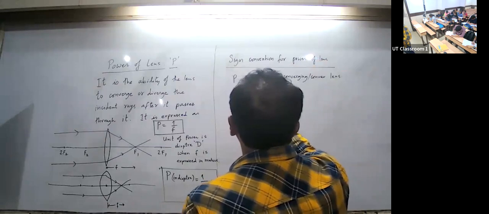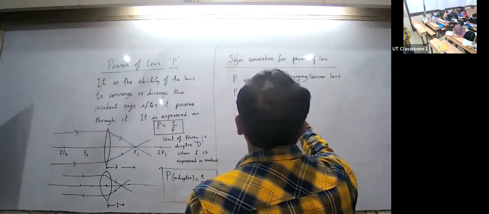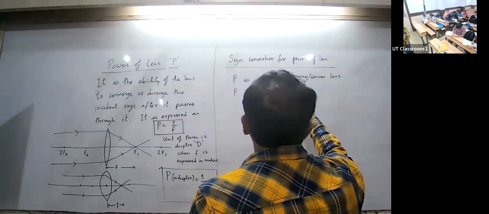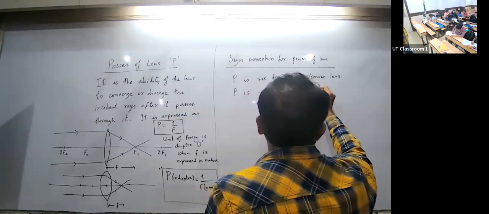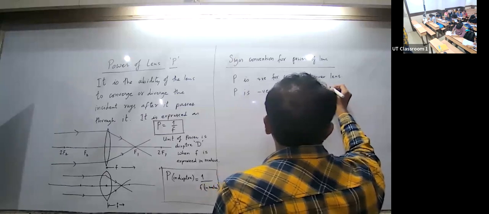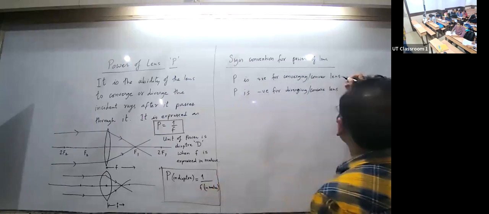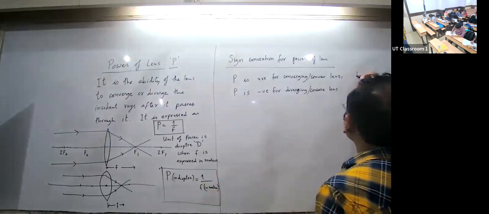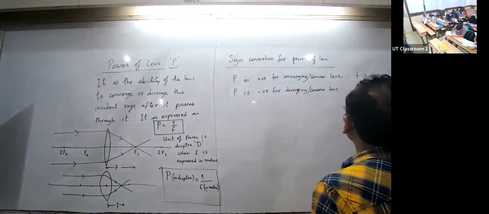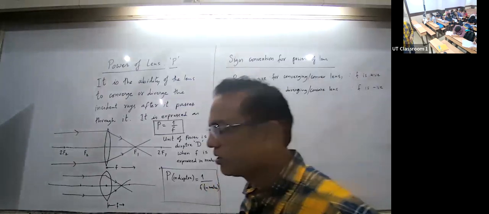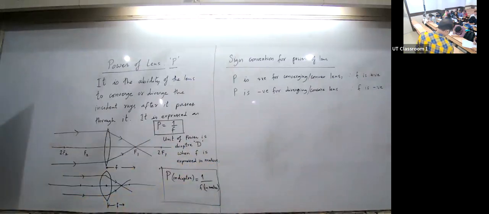P is negative for diverging lens or concave lens. Why? Since f is positive for converging, power is positive. Power only depends on focal length, and for diverging, f is negative. Okay, so everything is linked. There's nothing really that you have to memorize. It should be automatically understood.